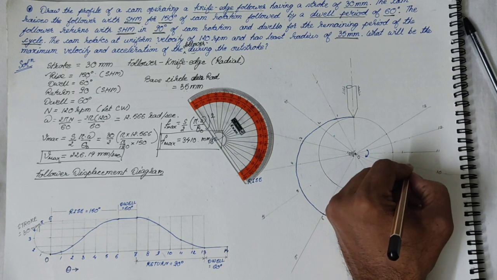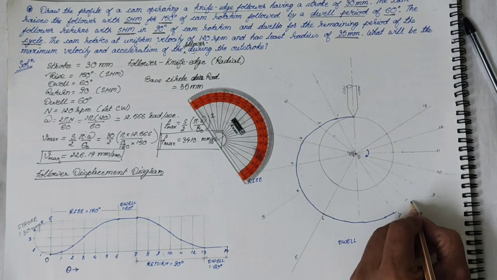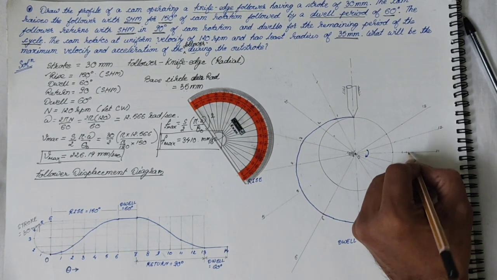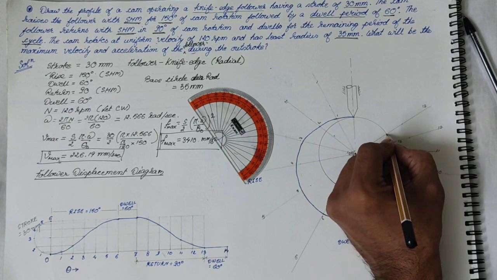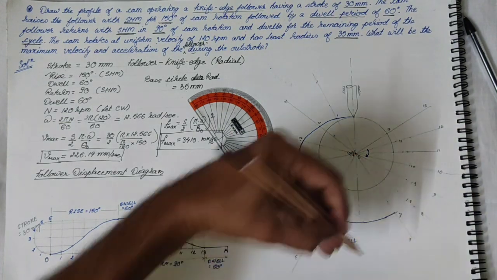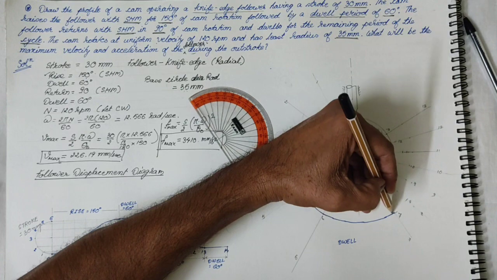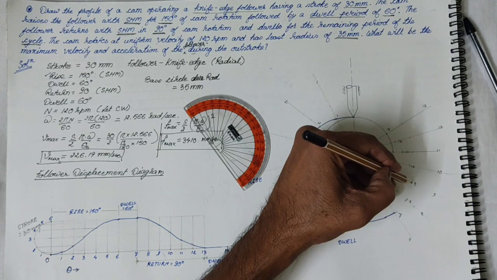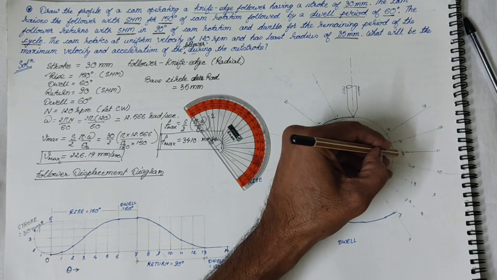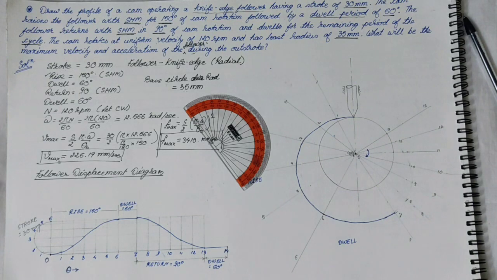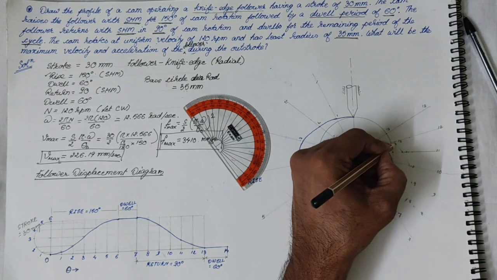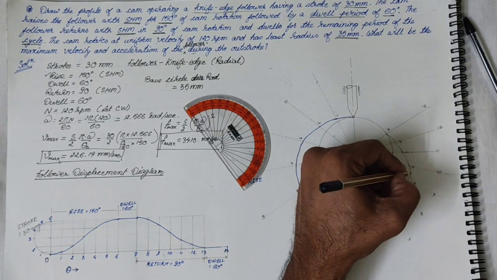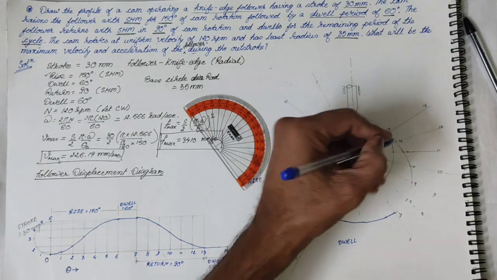So these are the trace points. So this is 8, 9, 10, 11 and 12. This is the 13th. So again we'll join all these points with a smooth curve, and finally it will meet the base circle. So that is how we get it.